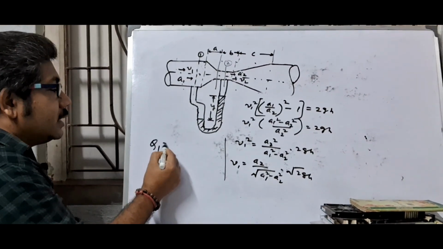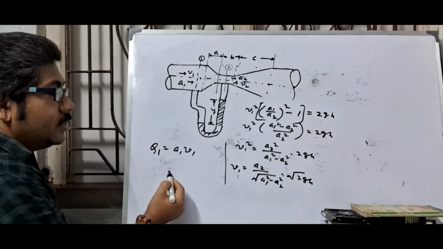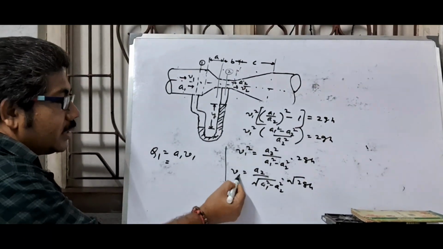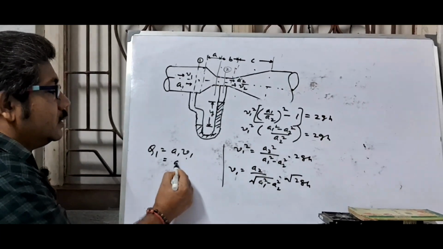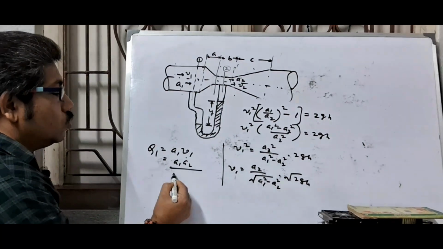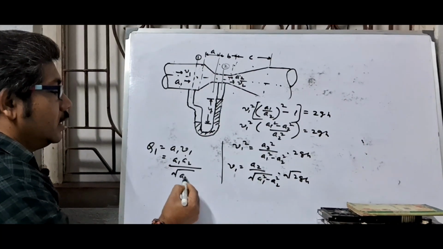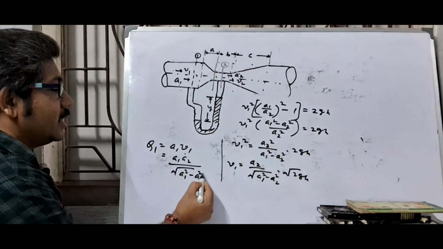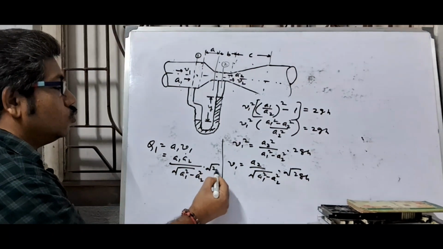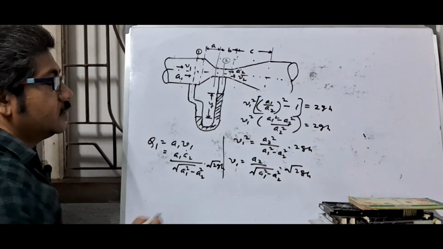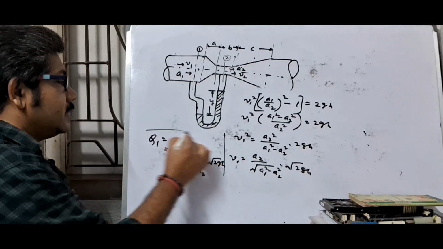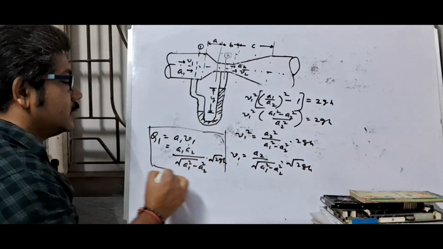So theoretical discharge is A1 V1. Putting the value of V1 here, this is A1 A2 by root A1 square minus A2 square into root 2GH. This is theoretical discharge.